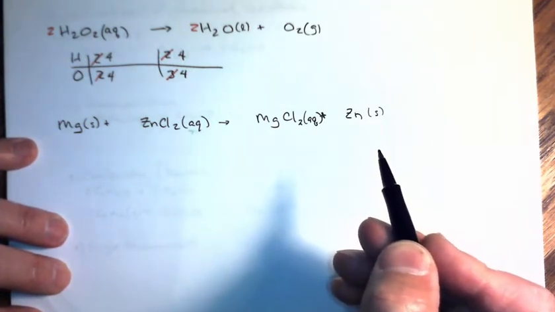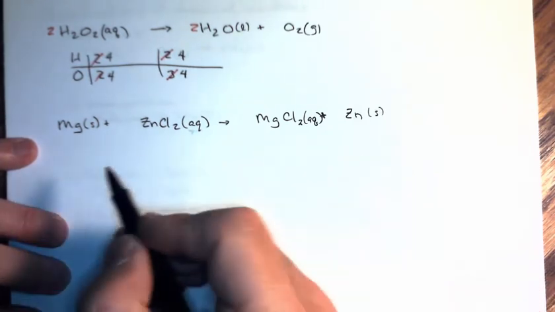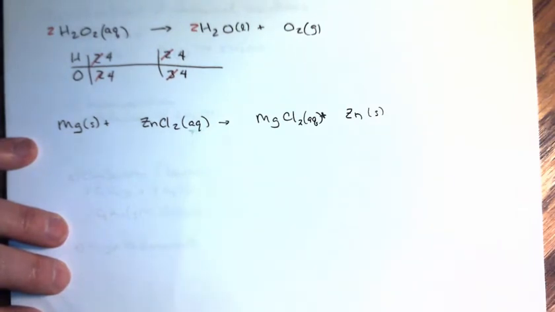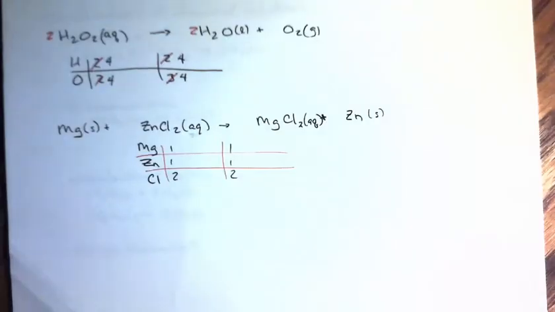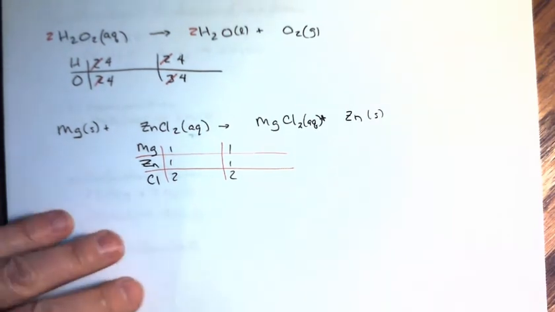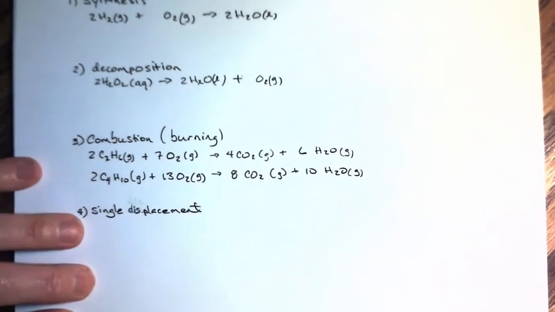So balance the equation. Already balanced, wasn't it? But now you know for sure. You kept everything nice and organized, and you know for certain it's that way. And I'm from Missouri, so you're showing me. So that's a good example of a single displacement reaction. Let's put that in here in our list.